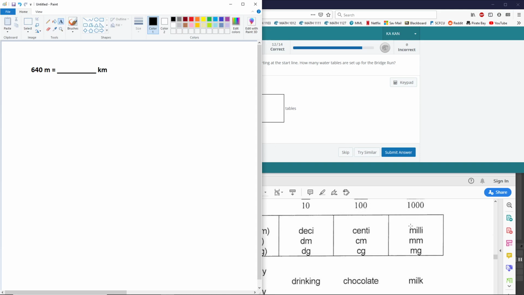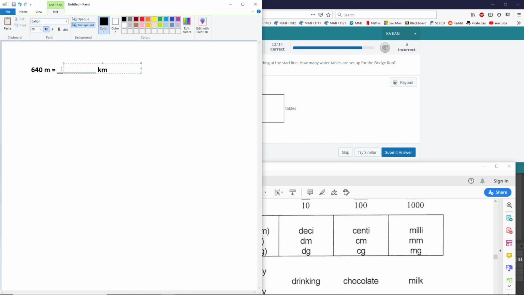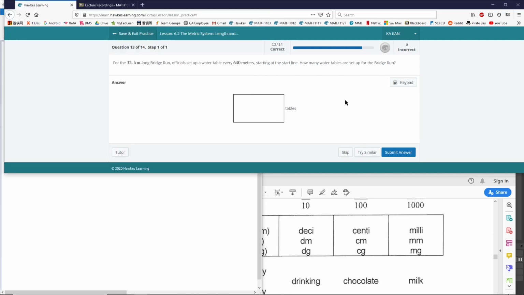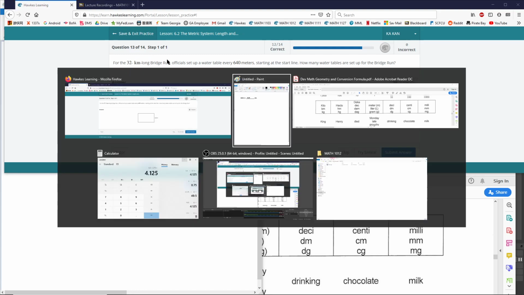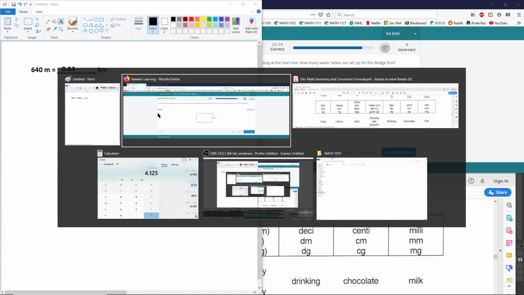Now, meters to kilometers is easy. You're just gonna move left. 1, 2, 3. So if you move this 3 times, that's 0.64. That's how many kilometers that is. And then they say, so in this 32-kilometer run, basically every 0.64 kilometer, they're gonna set up a water station.